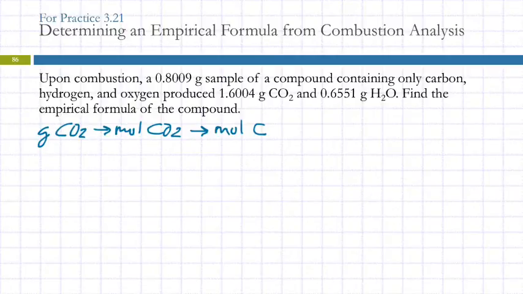The sample mass equals the mass of carbon plus the mass of oxygen plus the mass of hydrogen. We know 3 of those, we can calculate the 4th one. So we need this value, but then we also need to go on and get grams of carbon. So that's what we're going to do for both carbon and hydrogen.